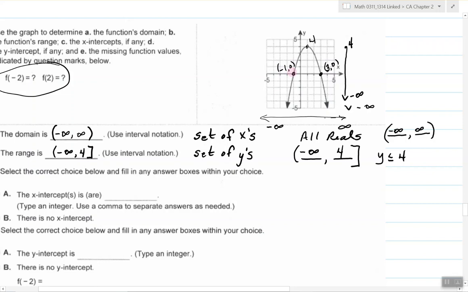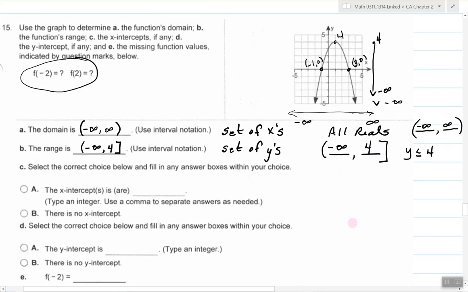An x-intercept always has a y value of 0, because if you're on the x-axis, your y value is 0. So x-intercepts, use a comma to separate as needed. Because of the way this question is asked, it just wants the intercepts, and it says type as an integer. It does not say as an ordered pair.